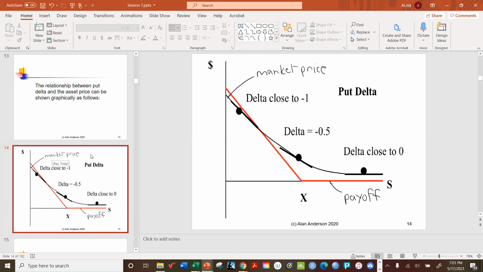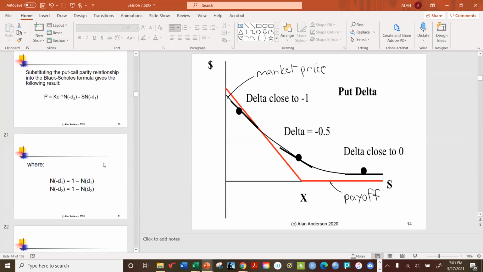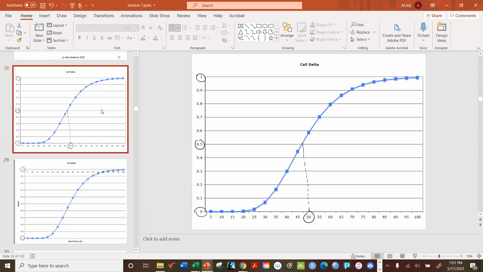So the graphs that I'm about to show you show the relationship between the delta and the stock price. So for example, right here, now remember the stock price is 50. The strike price is 50.